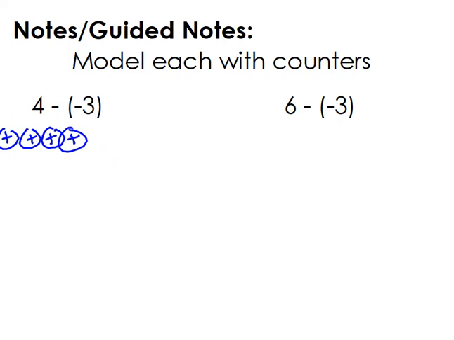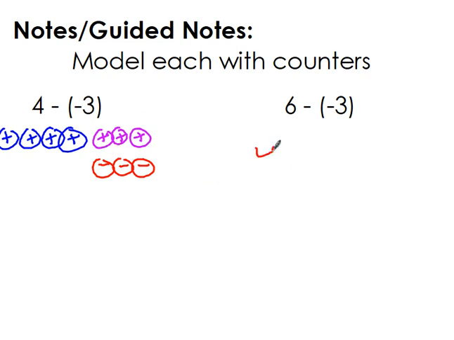But I can add 1, 2, 3 zero pairs, so that now I have enough negatives to take away, because subtraction means to take something away. I needed to take away 3 negative chips, and now I have 3 negative chips. I could cross these all off, but then I'm back to where I started with just 4 positive chips. So I added 0 three different times here.